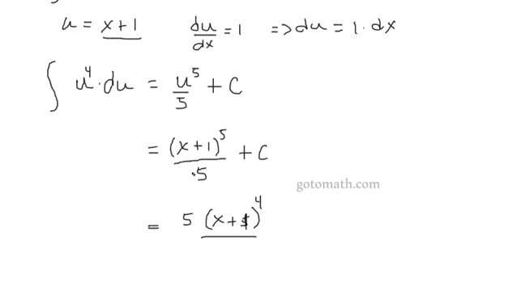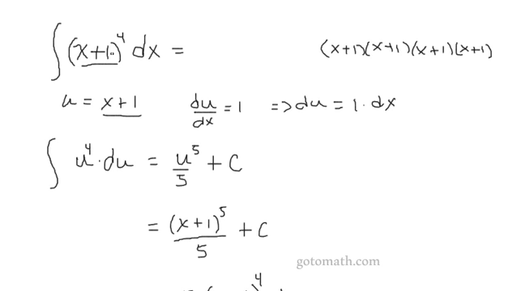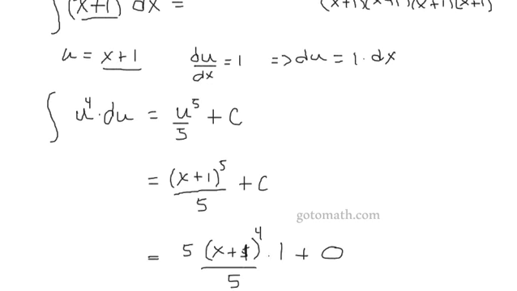Of course, remember we still have this 5 down here in the denominator, and then we take the derivative of x plus 1, which is just 1, and the derivative of c, of course, is 0. When we simplify all this down, we get x plus 1 raised to the fourth power, and that's what we started with. So you can always check your work.